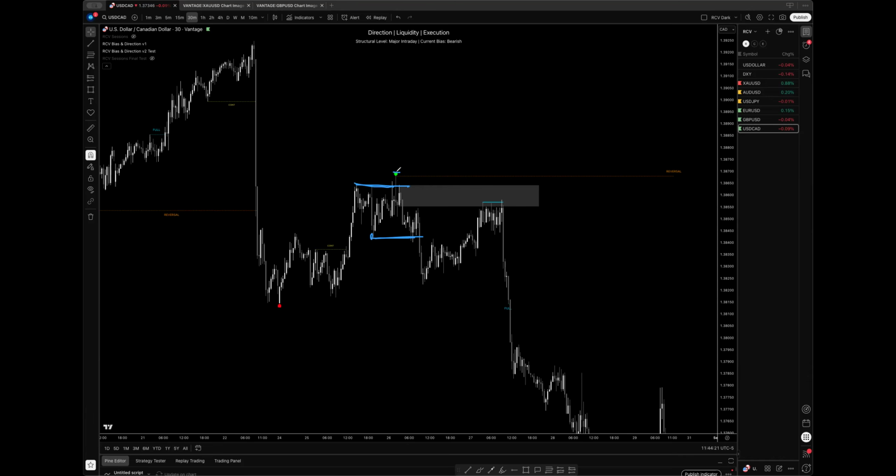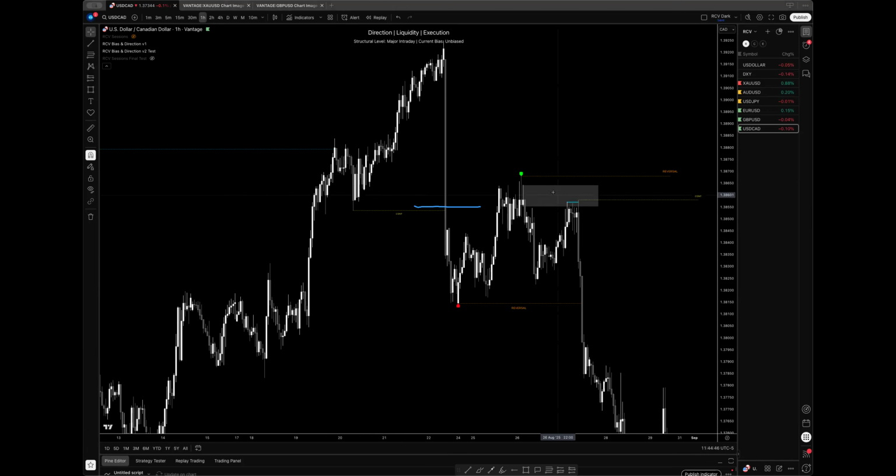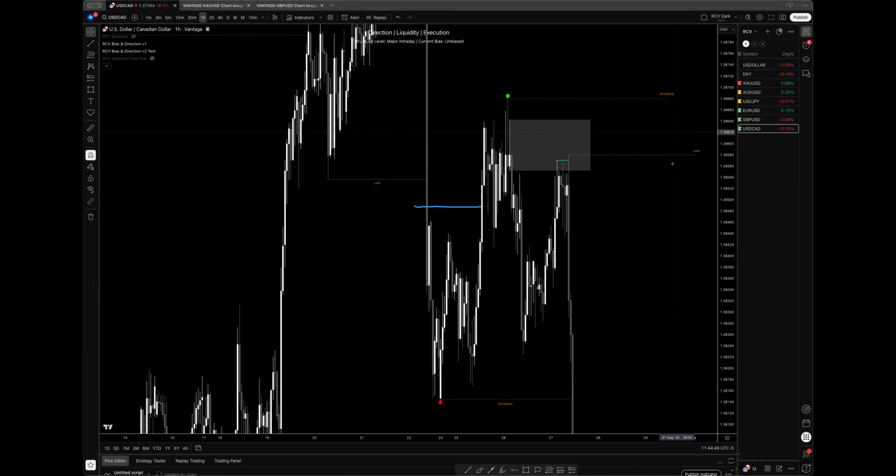Then I now have an internal structural range. But this internal structural range is not necessarily justified and not solidified until that break is there. Why? Because we need the preliminary break to solidify a range. So once I noticed that and we had taken this internal high out, is there a POI, or more importantly, is there anything internally that I can use to potentially take this trade?